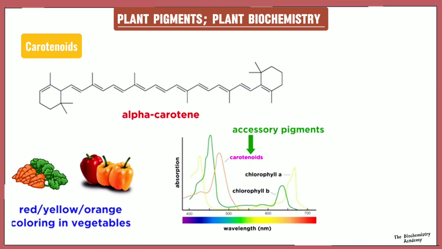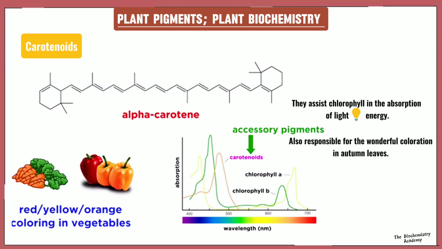Well, carotenoid pigments are what give plants red, yellow, and orange coloration in certain vegetables and plants. The reason they are accessory pigments is because they assist chlorophyll in the absorption of light energy. They are also responsible for the wonderful colors in autumn leaves.